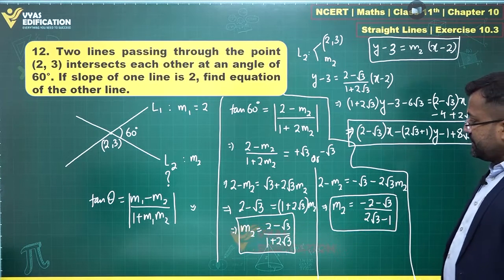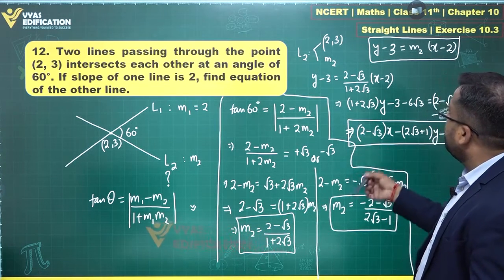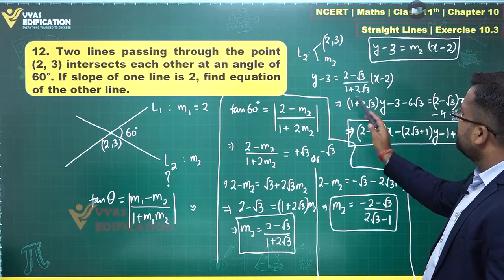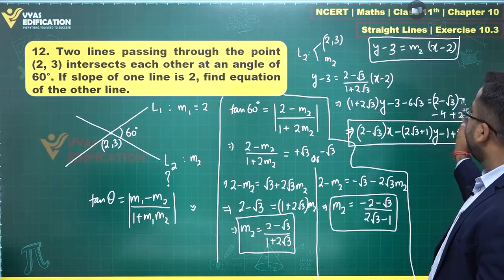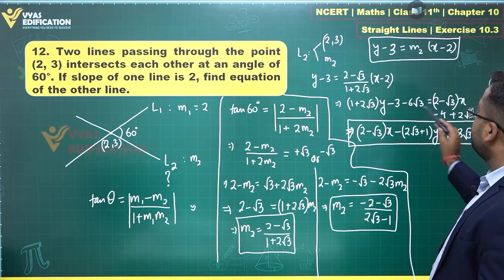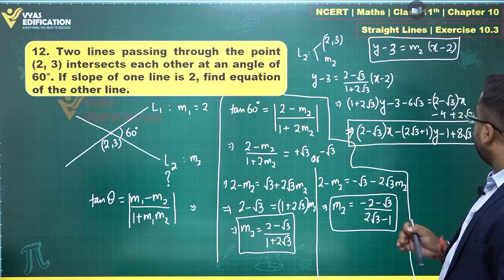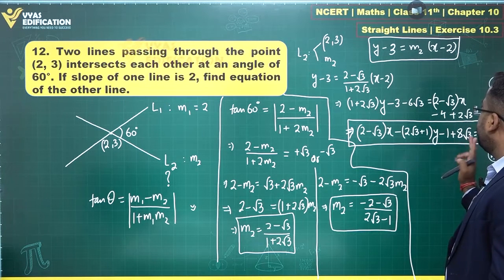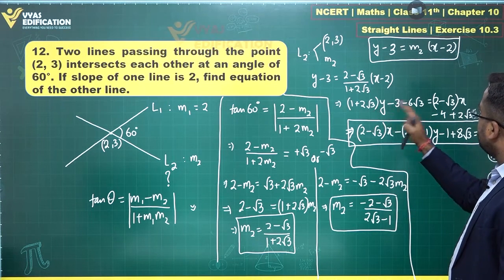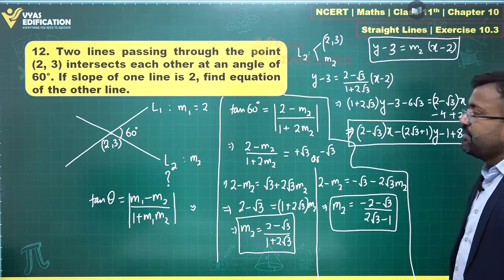Let's check the calculations once. This is 2 minus root 3 over 1 plus 2 root 3, y minus 3 equals x minus 2. This becomes 1 plus 2 root 3 times y minus 3 minus 6 root 3, equals 2 minus root 3 times x, and minus 4 plus 2 root 3 is what I get. And this comes over here: this is minus 1 and minus 6 root 3, and this is plus 8 root 3. This will also come on this side and this will become minus.